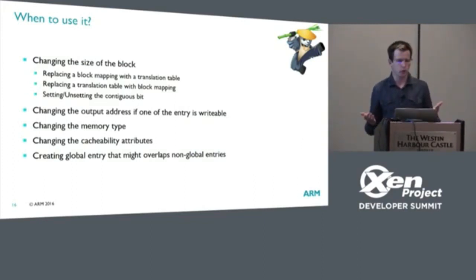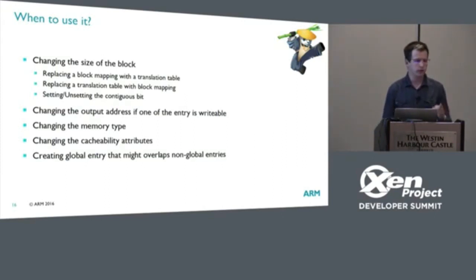For instance, when you move from a super page to a table, like you want to shatter a super page, a block: you've got a 1 GB block, and you want to make a 2 MB mapping or a 4K mapping. Or it could be the inverse, like you've got a series of 4K mappings, and you want to create a super page on top of that. And the last thing is when you set or unset the contiguous bit, because it's a contiguous region and you may want to change that.